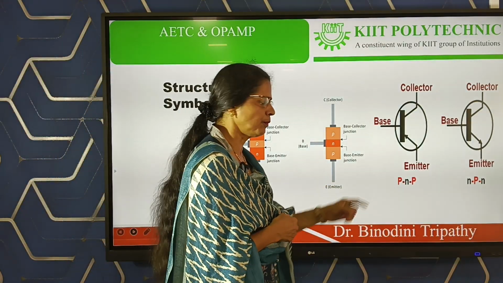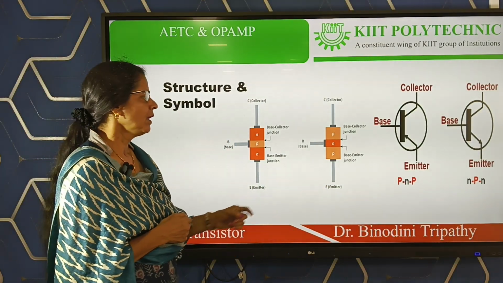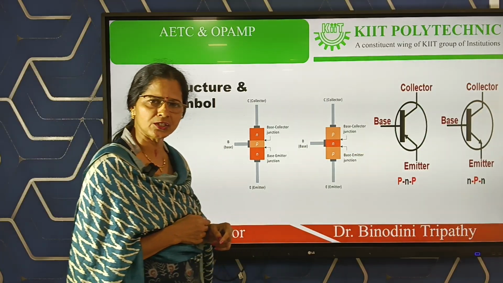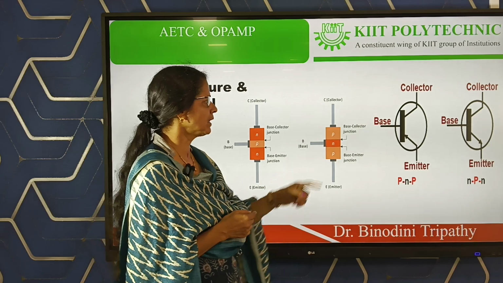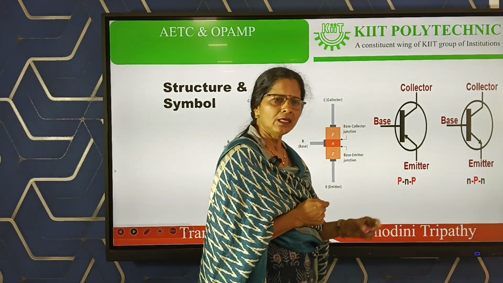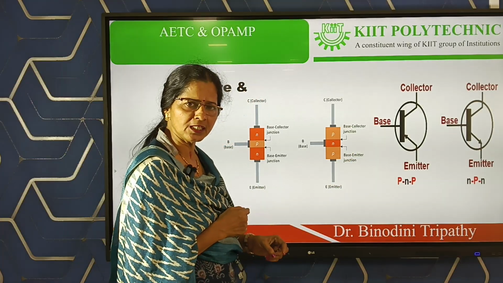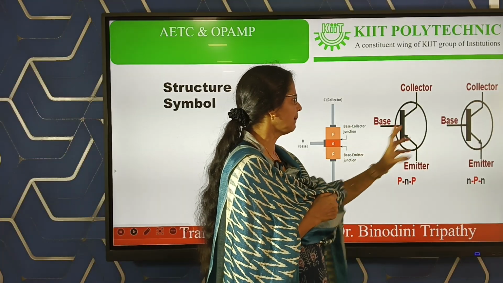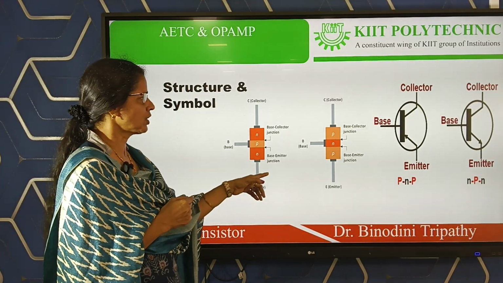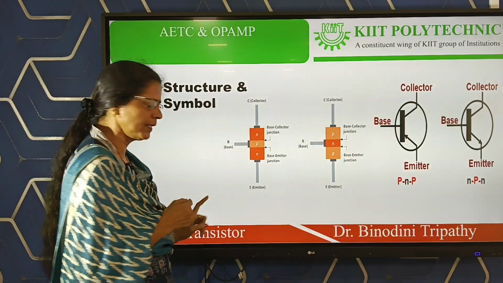Accordingly we have two types of BJT: the PNP transistor and the NPN transistor. To differentiate between them, there is only an arrow mark difference. An inward arrow means PNP transistor, an outward arrow means NPN transistor. So till now we are confirmed about the structure, the symbol, and the names of the different terminals.